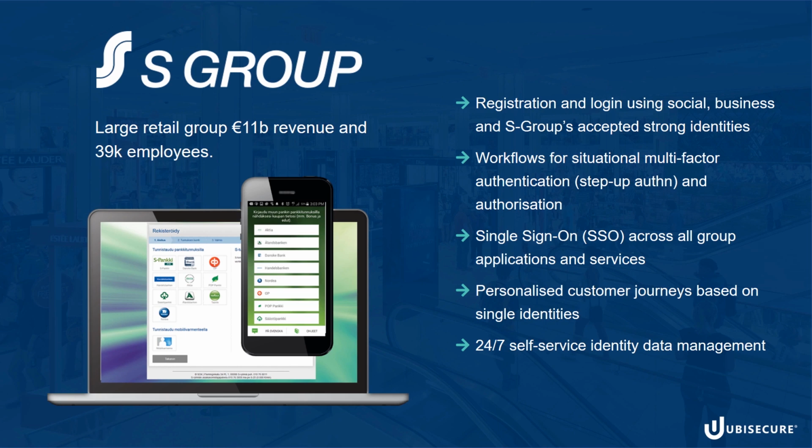So S Group uses Ubisecure Identity Platform to achieve a range of CIM functionality designed around providing customers with a single identity for all S Group applications and services. So key benefits are these: registration and login using social, business, and S Group accepts strong identity, including bank authentication.